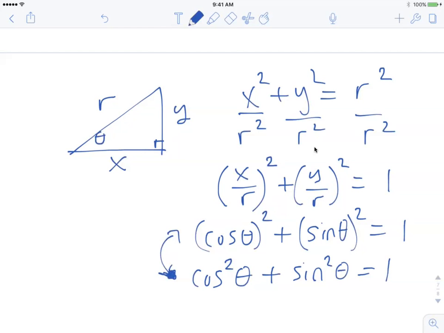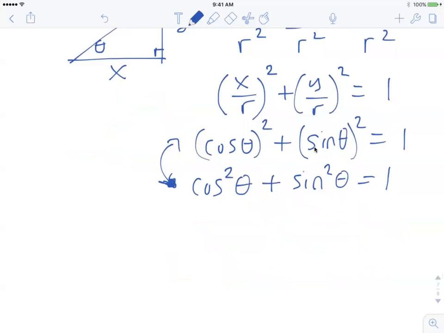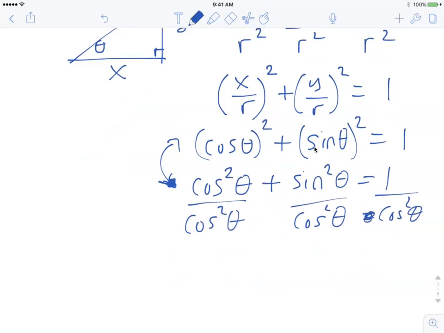Now, those other ones, take that one, and one thing you could do is just divide everything by cosine squared. Right. And then cosine squared divided by cosine squared is 1. And then we'll see that sine over cosine is actually tangent.